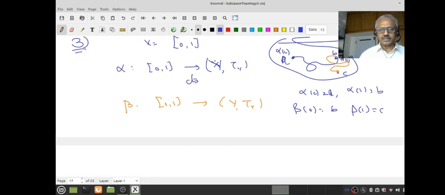But for me a path has to be a continuous map from 0 1 to that.